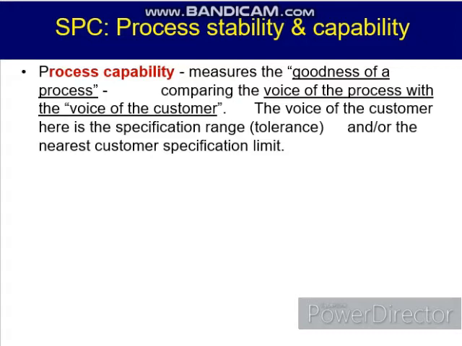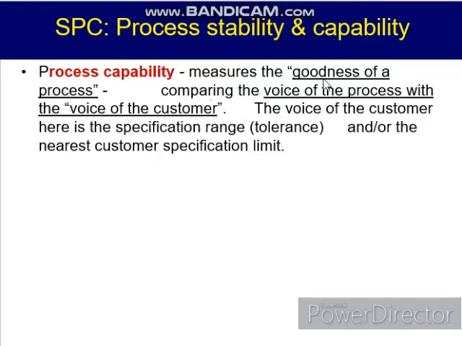It's by comparing the voice of the process with the voice of the customer. The voice of the customer here is the specification range, which is the tolerance, or the nearest customer specification limit. So in order to ascertain whether the process is capable or not, you have to compare the voice of the process with the voice of the customer.